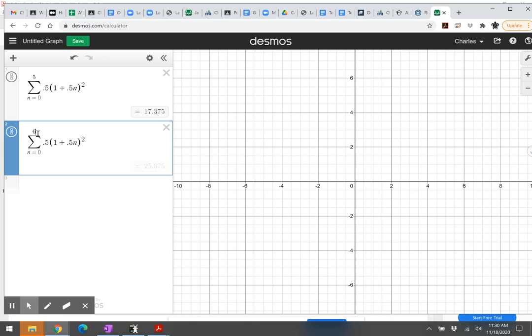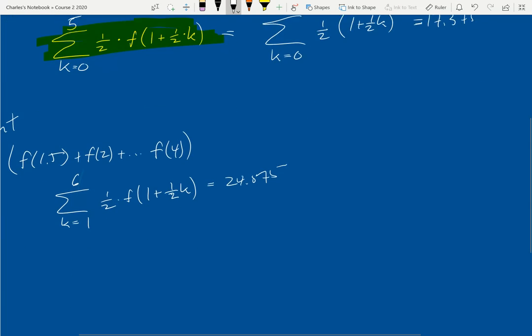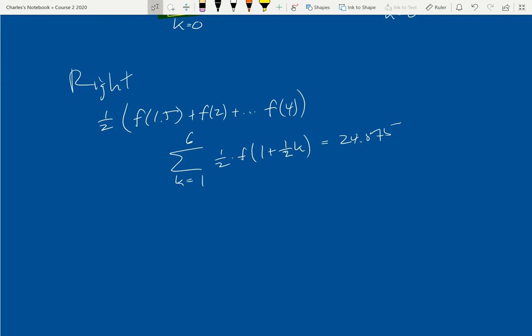And if I go back to Desmos, I got 24.875. So you might think that that's cool because now I can estimate the area.